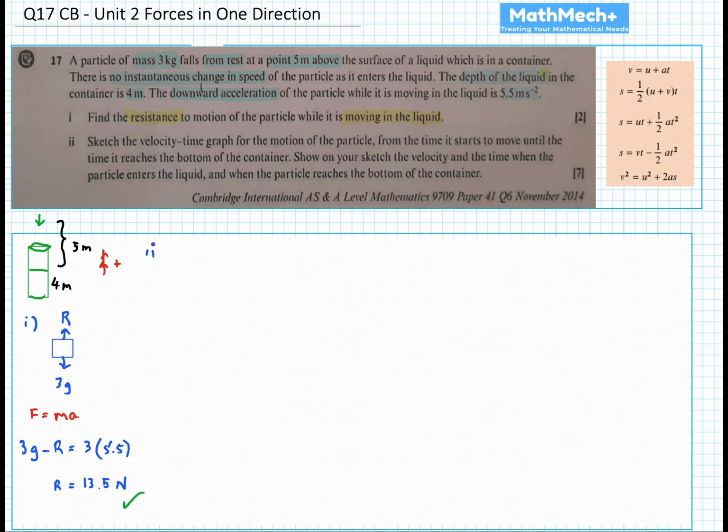Part 2, we're going to have to do some work before we get anywhere near a sketch. So we'll start with above, outside the liquid. Write out your SUVAT formula, whatever details you've been given. So the distance or displacement was 5. We started from 0, and the acceleration is 10. That's the motion of gravity.